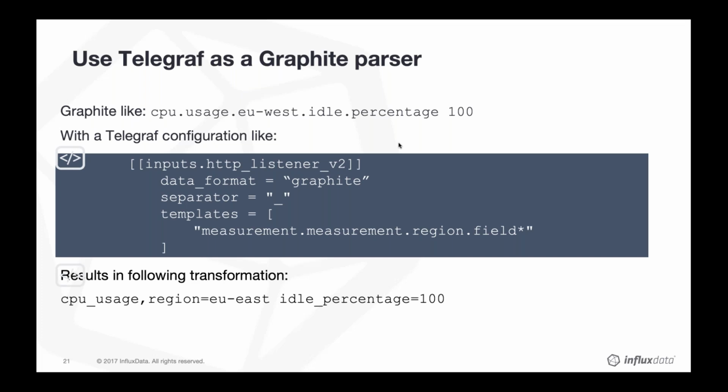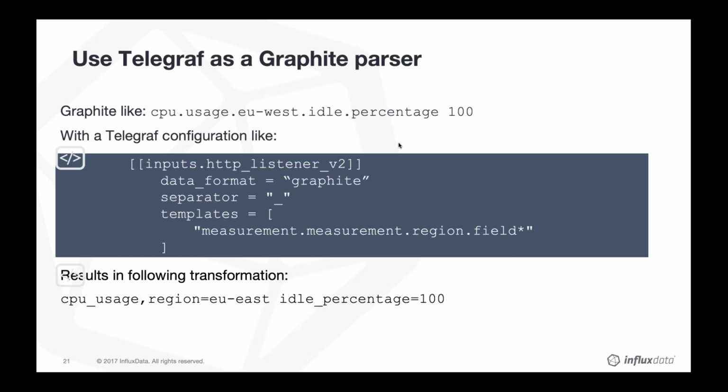In this case, it's again the HTTP listener. I've prescribed that I'm going to be seeing Graphite metrics. I tell it what kind of separators I want, for cases where you'll see this measurement.measurement in this templating. There's a whole documentation page on templating, but this is just an example of me using a template to tell Telegraf how to parse this Graphite line into what you see below.